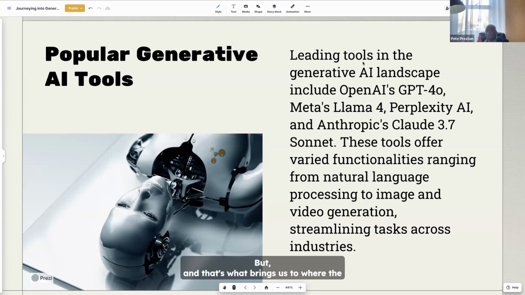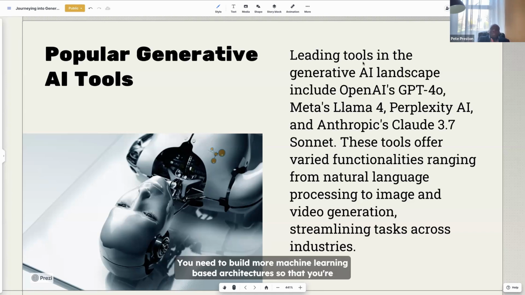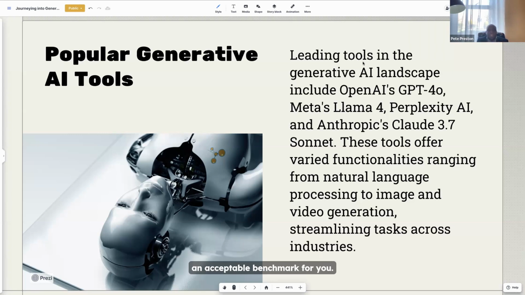And that's what brings us to the difference between Gen AI and traditional AI. If accuracy is essential to you, then you do not need generative AI. Just as the name says, it's general, it's generative. You need to build more machine learning based architectures, where you're using your linear progression to fine tune it to an acceptable benchmark for you.